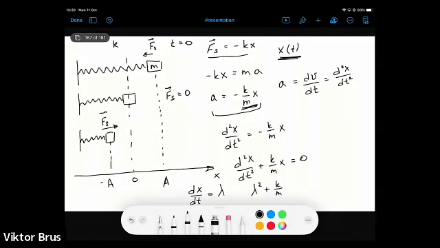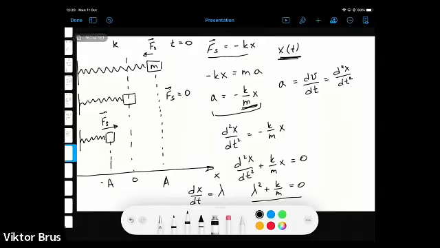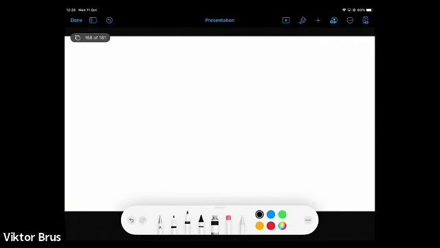So we don't write x, because the characteristic equation is an equation with respect to the derivative, not with respect to the function. So that is equal to 0. Now we have this characteristic equation, and we need to solve it. We see that it's a simple quadratic equation we need to solve with respect to lambda. So let us do it on the next slide.